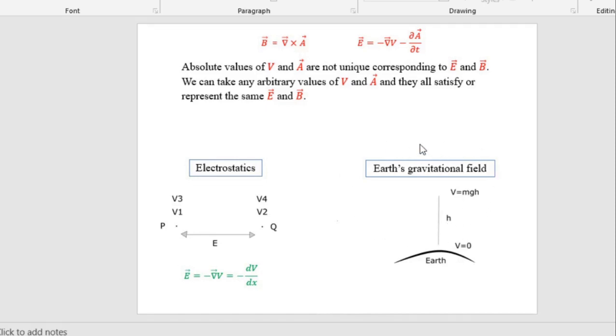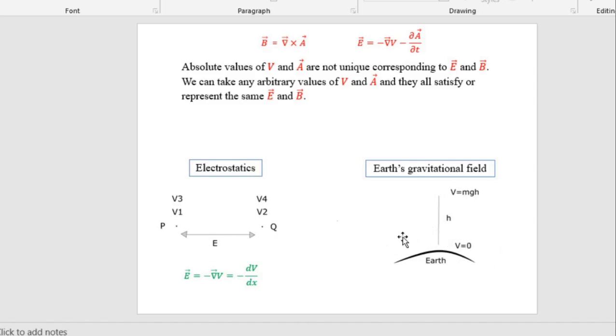Here we have another example of gravitational potential energy, from which we can also realize the arbitrariness of potential energy. However, this example has no direct connection to electrodynamics, but regarding the concept of potential energy, it is the same whether it is gravitational potential energy or, say, electrostatic potential energy.